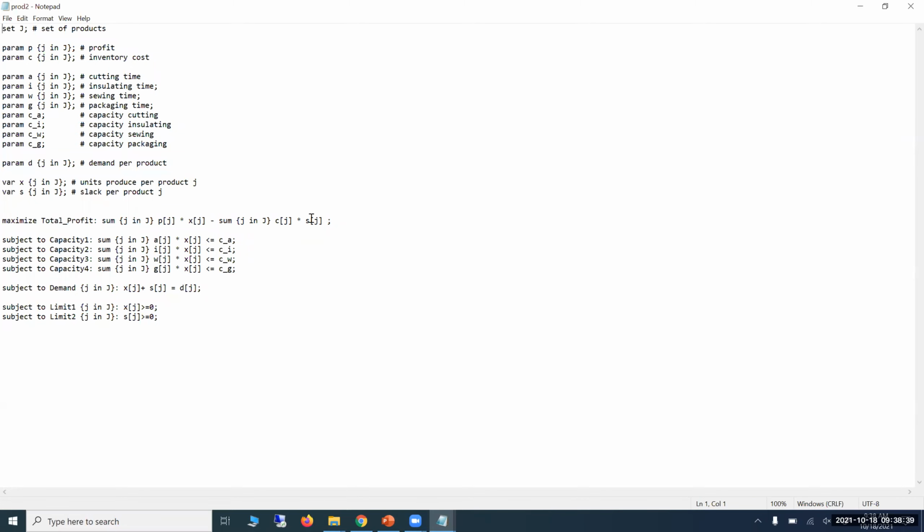And then we have the parameter for the capacity of the cutting station, the capacity for insulating, the capacity for sewing, the capacity for packaging. We also have a demand that depends on each product. So that's why D is indexed by j in J. That means D1 will be for product 1, D2 will be for product 2, D3 will be for product 3.